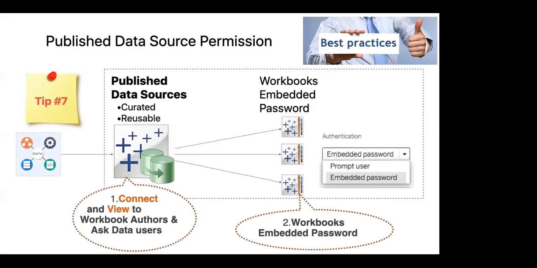Tip number 7, for data source permissions, it's recommended that you publish as a separate data source. Now for data source permission, do those 2 things. One is give connect and view permission of the data source only to the workbook authors and ad hoc data users, not your end users.